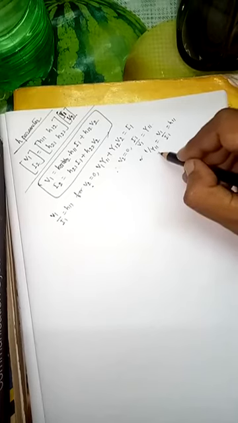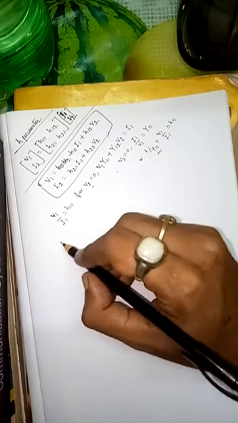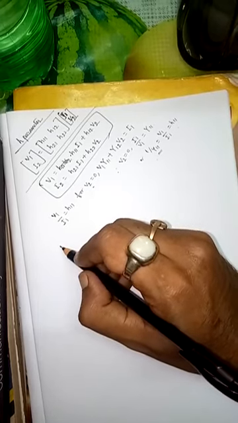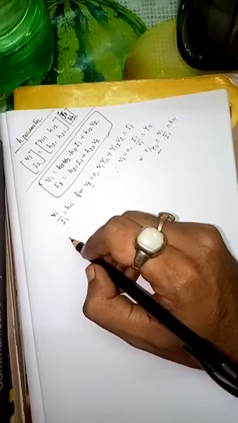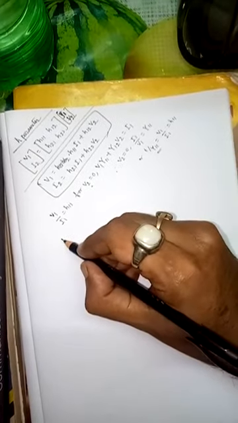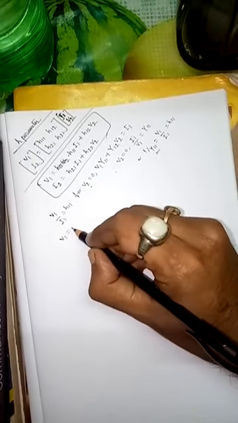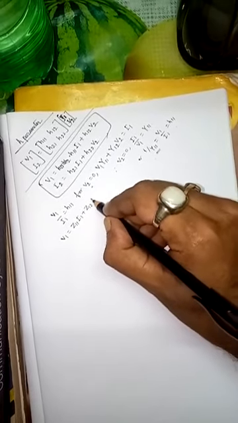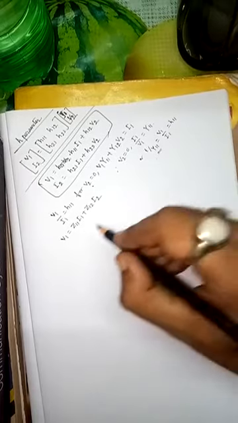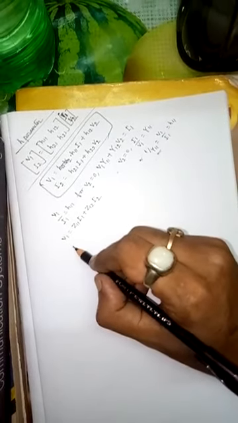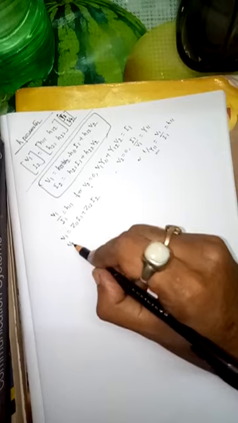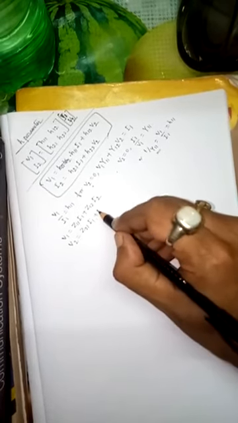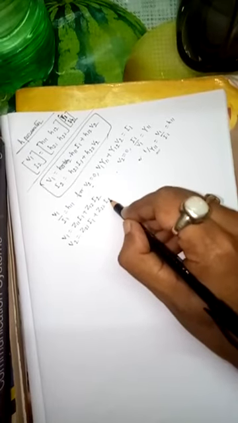So what is the relation between Y and Z? I already have derived it somehow. If I didn't, please see how to do that. So this is V1 equals Z11 I1 plus Z12 I2, and V2 equals Z21 I1 plus Z22 I2.